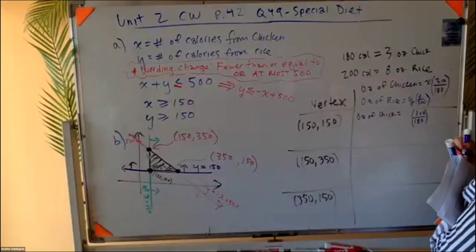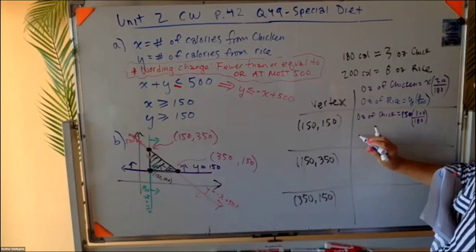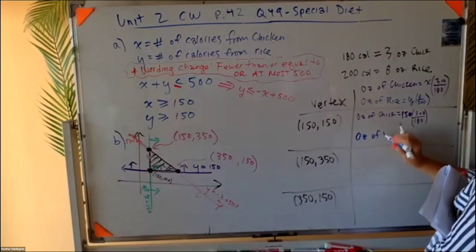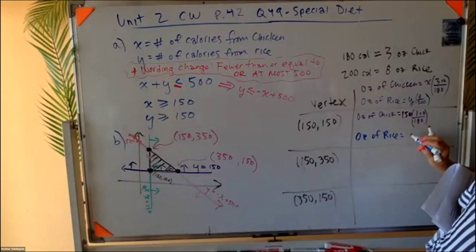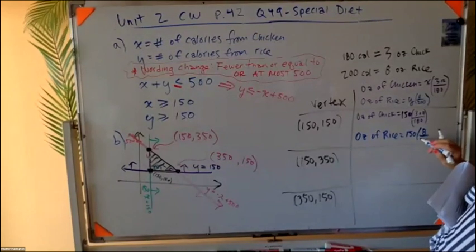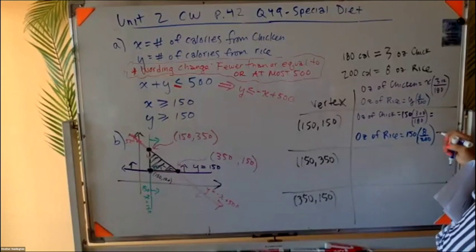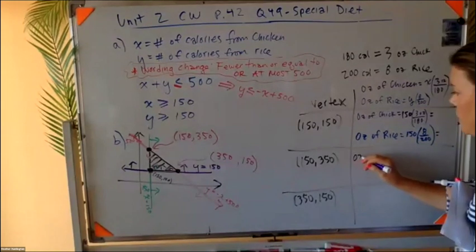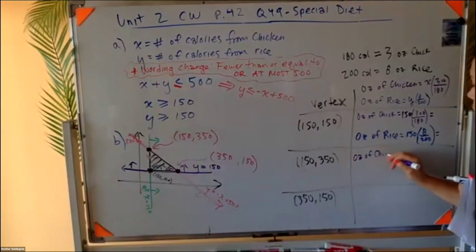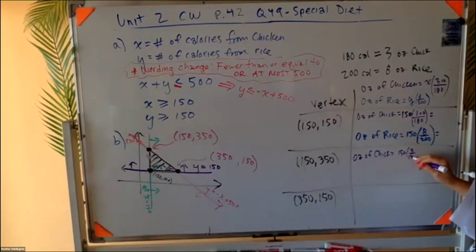All right, so for this one, I'm going to use 150 and then ounces of rice. I'm trying to use colors here. Okay, ounces of chicken. I'm going to write it for each of them now, and you can evaluate yours. So it's 150 again, times 3 over 180.